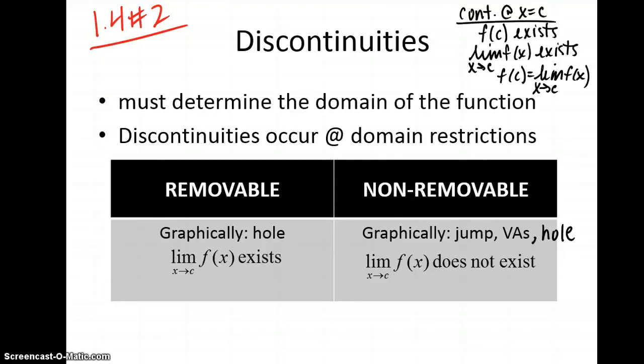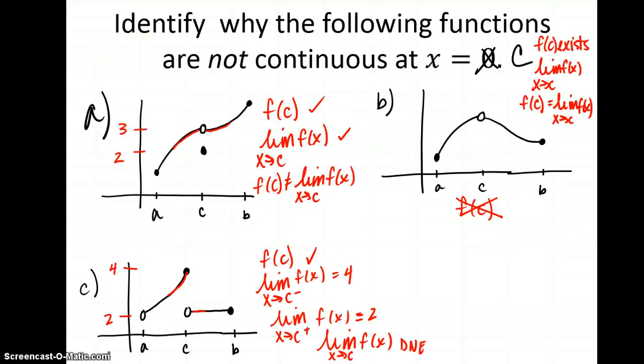So let's go backwards real quickly. We said that this function here was discontinuous because the value of the function and the limit of the function didn't exist. The discontinuity, however, we would describe as removable because we weren't able to find a limit.